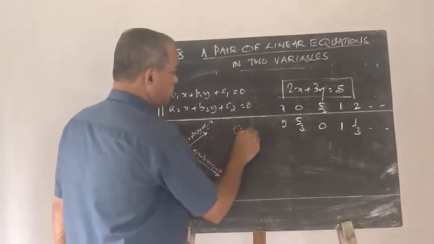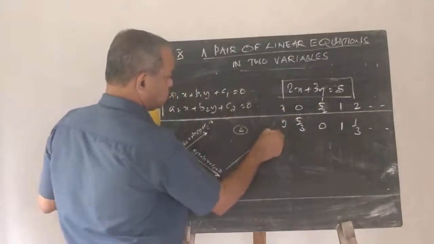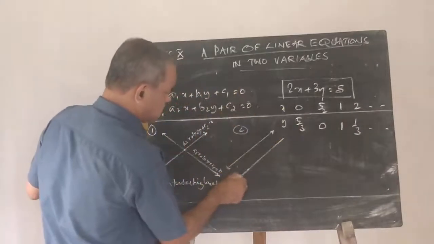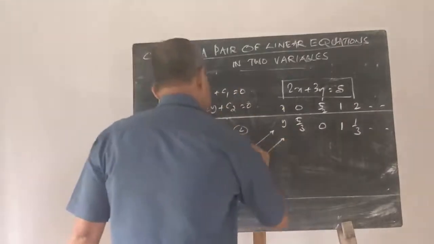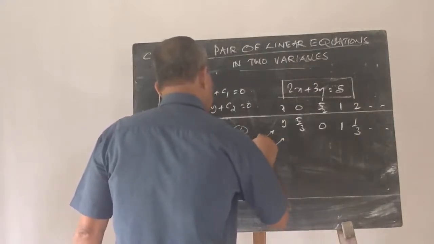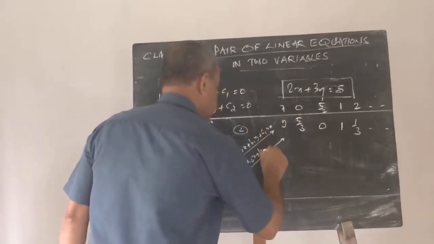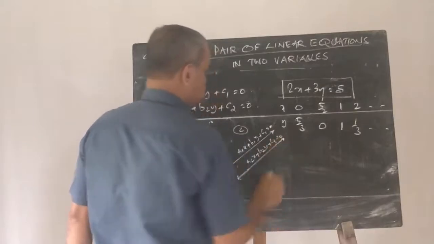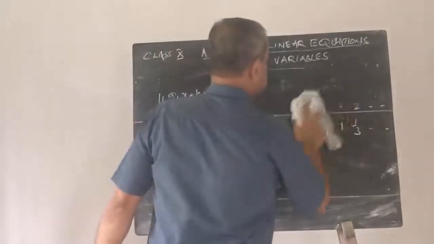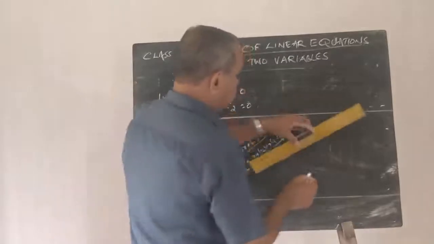Second possibility, parallel lines. The graph may be parallel lines. Let this be the graph of the equation a1x plus b1y plus c1 equal to 0, and a2x plus b2y plus c2 equal to 0. Third possibility is coinciding lines.